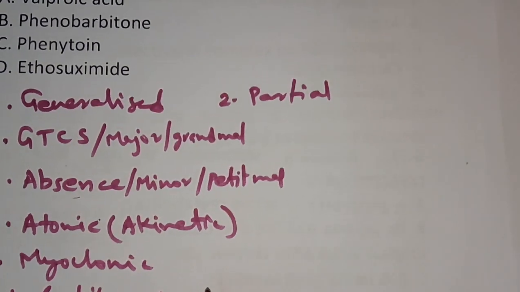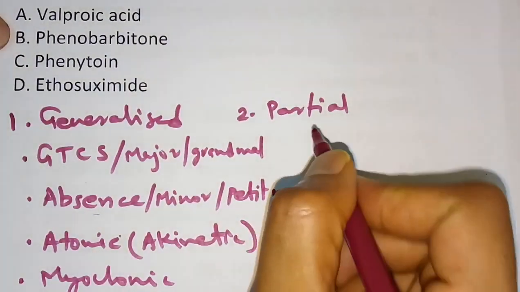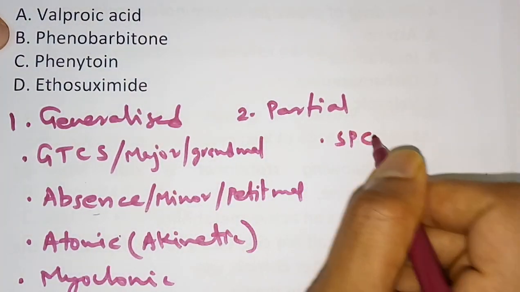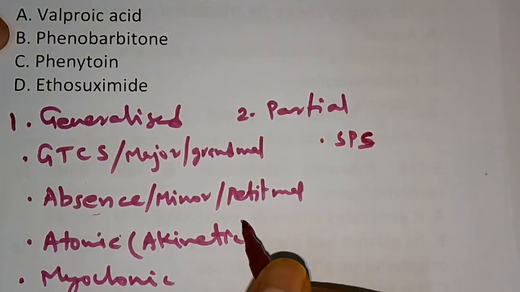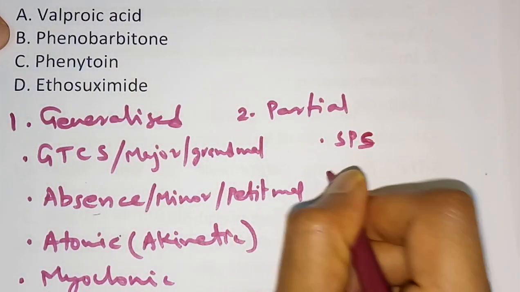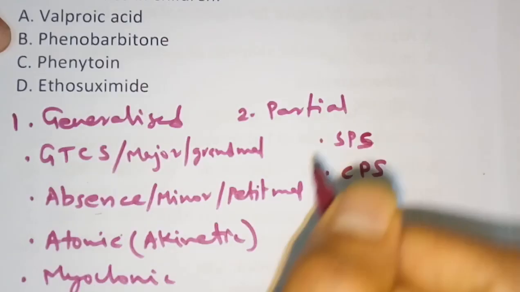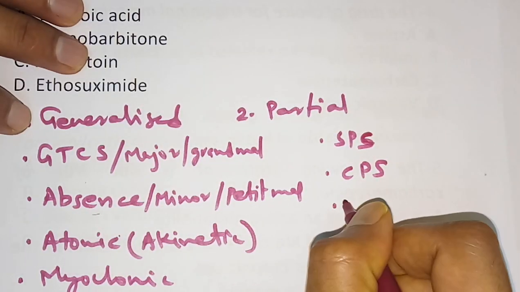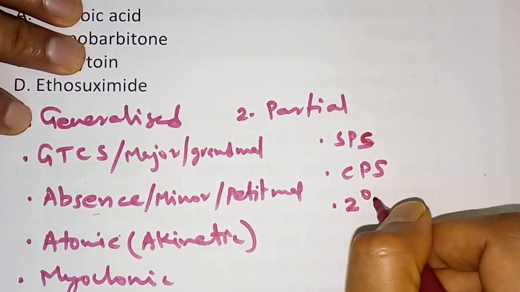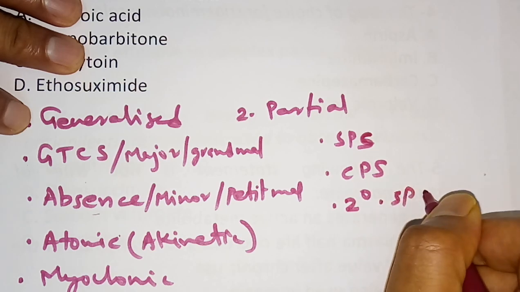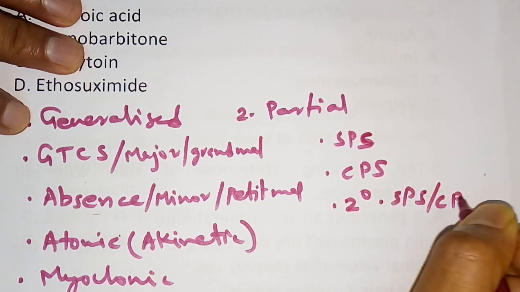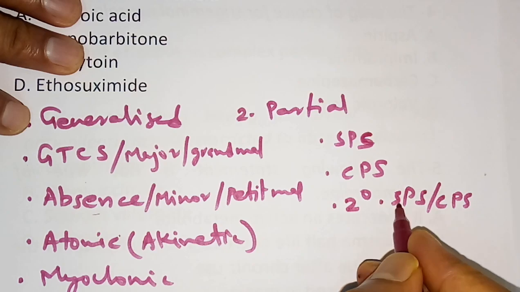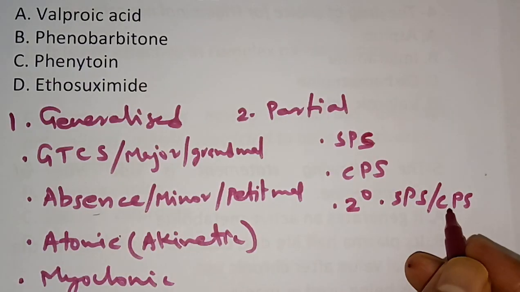The partial seizure is classified into simple partial seizure and complex partial seizure. And the third one is secondarily generalized simple partial seizure or complex partial seizure.